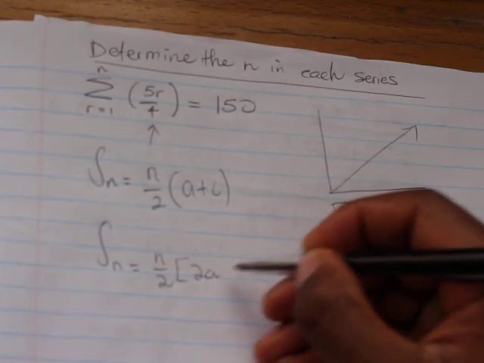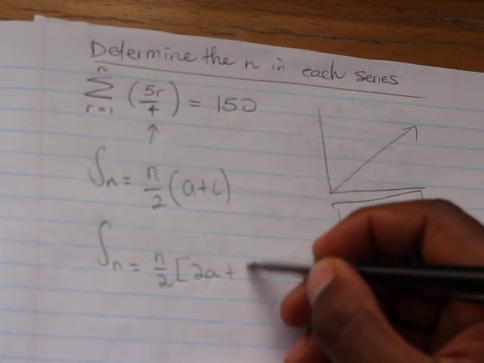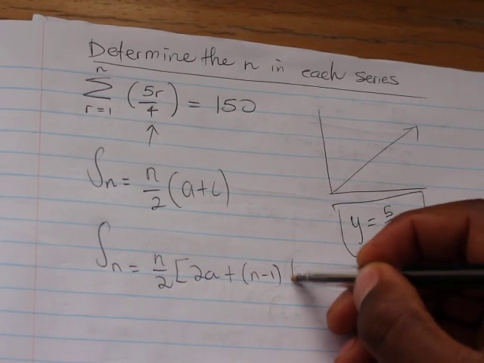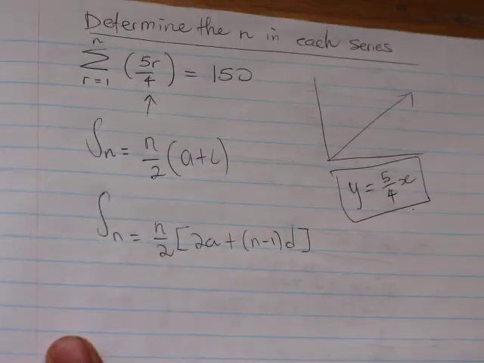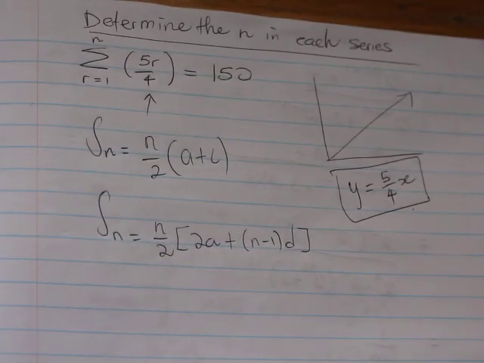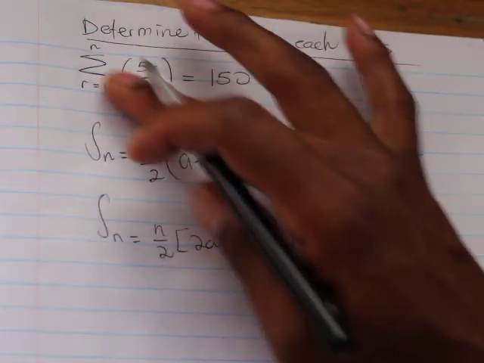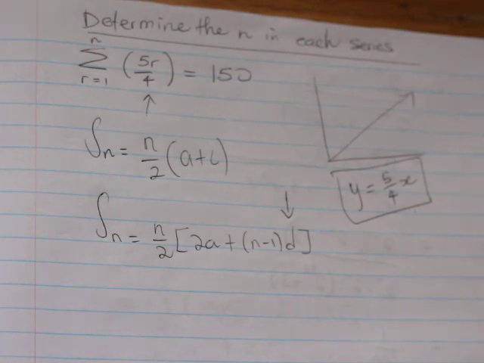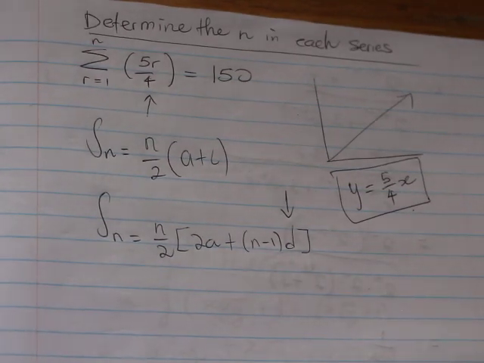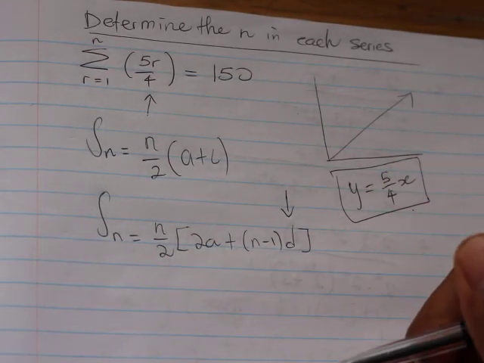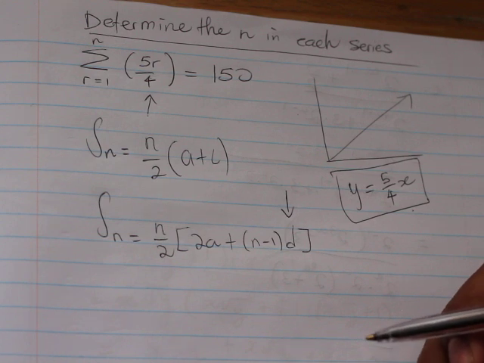Alright, n/2 into 2a plus n minus 1 times the d. So meaning that you need to find the difference now. And the only way to find the difference is to actually expand this. So my advice would be that you expand the first three terms.